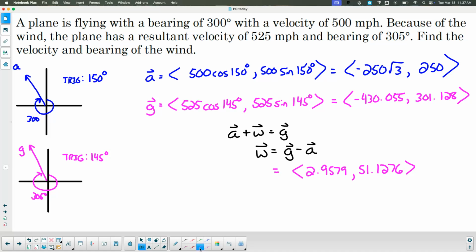Talk to me. Wouldn't it be negative 430.055? Oh, then you add that. Minus a negative 250 square roots of 3, yes. So that gets me 2.9579. Okay? Find me the direction, the velocity, etc. of the wind.